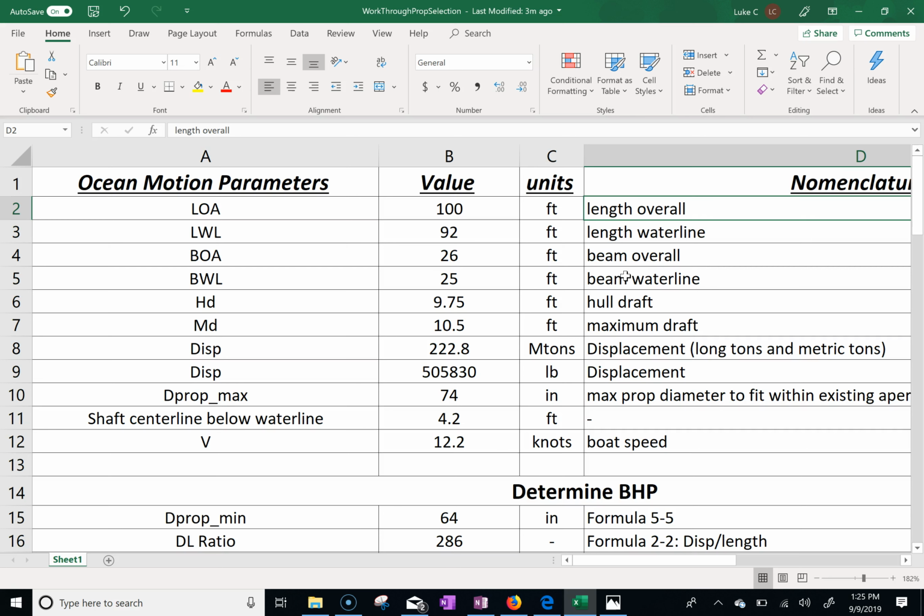So the max prop diameter, that's important, right? You have to know that. Especially in boats that aren't outboard, they're inboard, and just have a shaft going out. Because if you measure and you get a 75-inch out, then it's going to be perfect. Put it on there, it's going to rub, right?